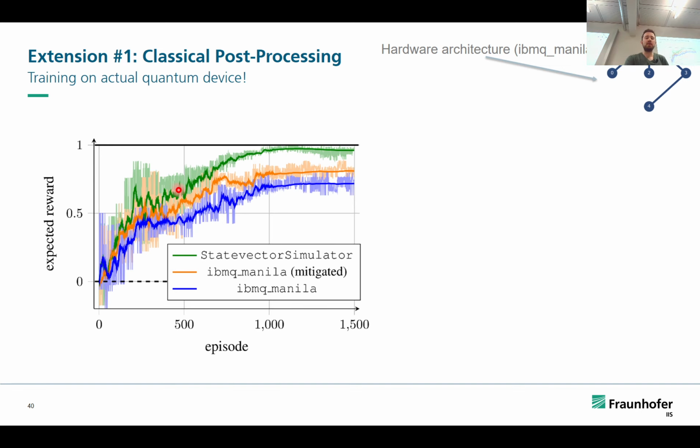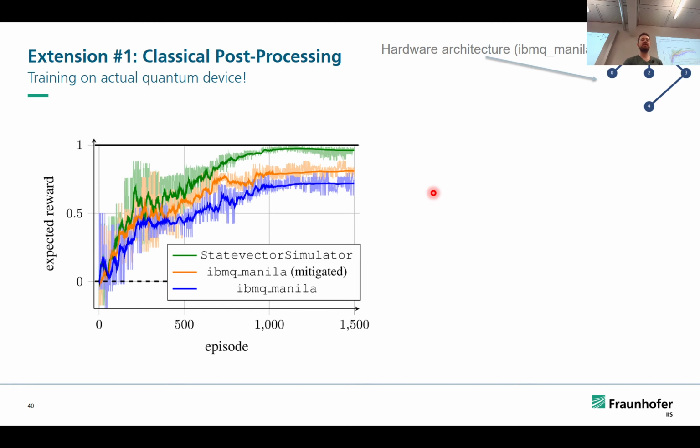Green again is just a classical simulation, where we get very close to the optimal results. And then we had 2 runs on the quantum system. Orange is a run where we also tried to correct for some of the errors. There are some routines where we make some assumptions about the errors that might occur, and you can correct some of them.